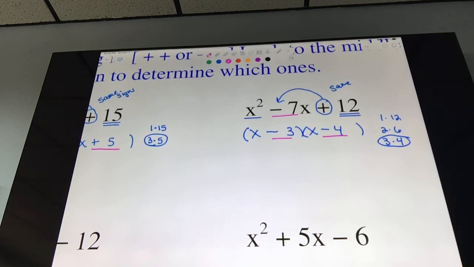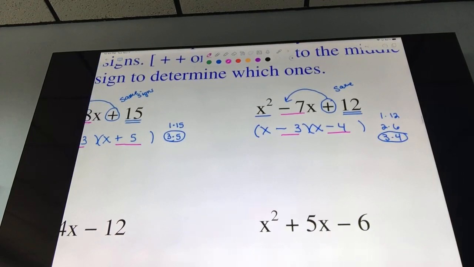So again, I'm picking the pair of numbers after I list them, if I want to list them. You don't even have to list them. Once you really understand this, or maybe you understand it already, you don't have to list the numbers for me. If you know your multiplication facts pretty well, you may not need to list them.